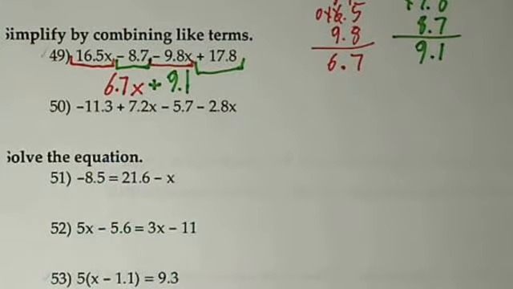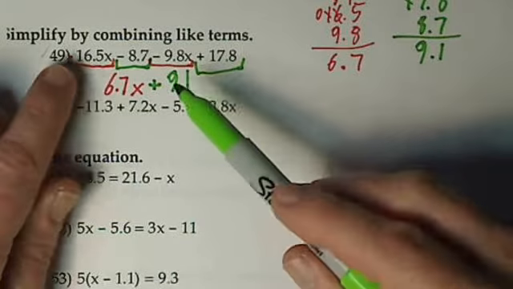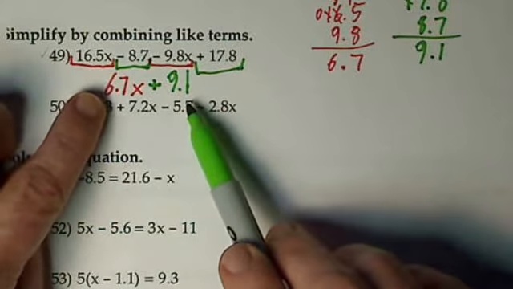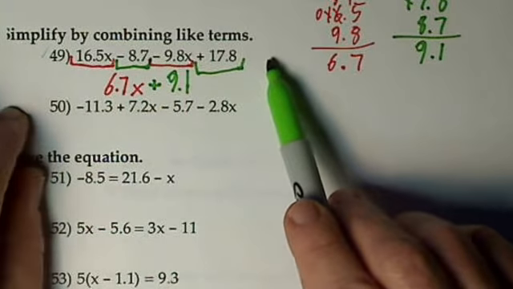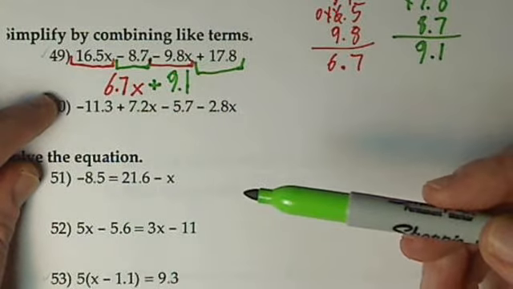And before we start on 53, which will be the next one that we'll do, I want to draw your attention to this final answer. Notice I didn't solve for x. All I did was combine like terms. Okay? There's no equal sign here. I can't solve for x.